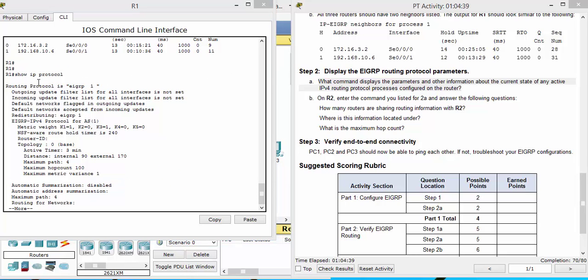Now what we see here is that the routing protocol is EIGRP 1.